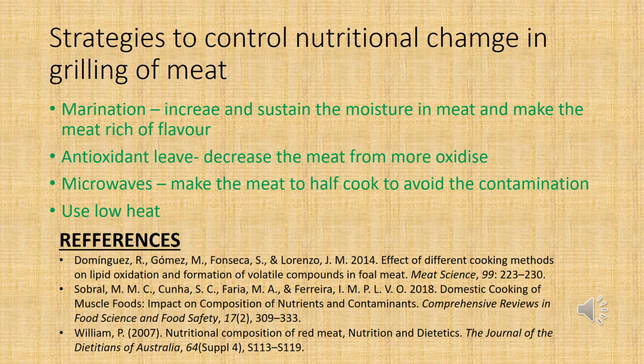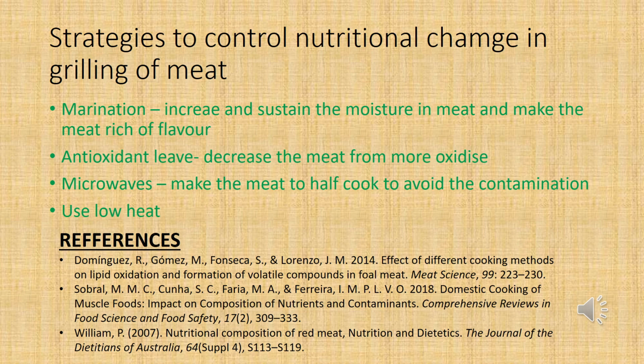The third point is microwave. Microwave is very complicated, but it makes the meat half cook and avoids contamination. Before we grill the meat, it is better to cook the meat in the microwave. Why?